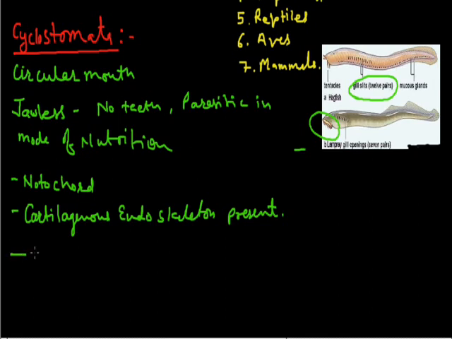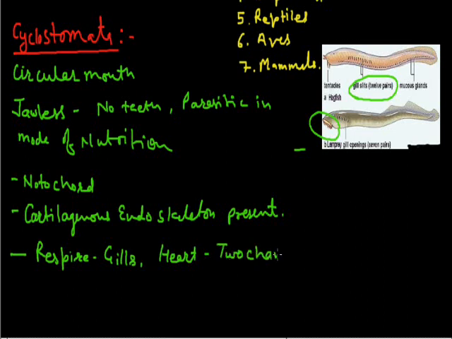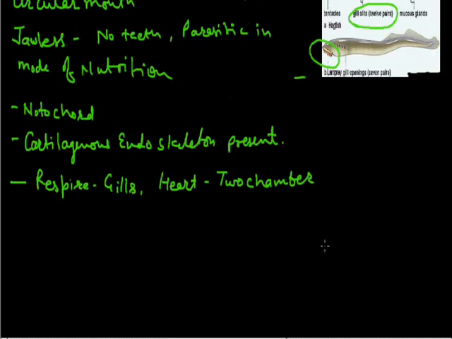These animals have a heart with two chambers. An example of this class is the lamprey, another name of which is Petromyzon.